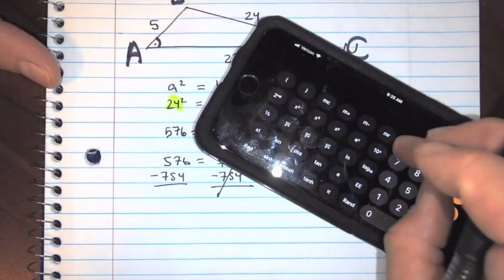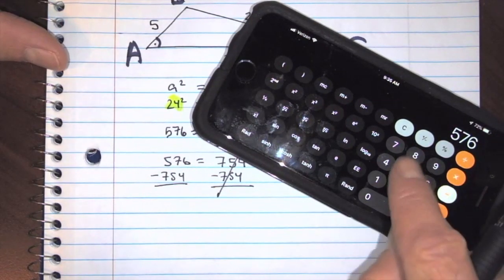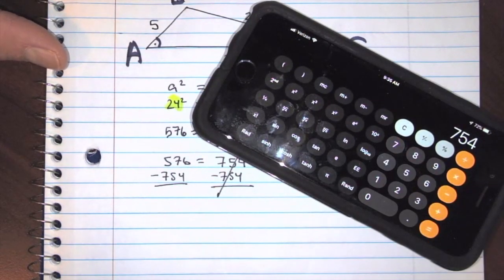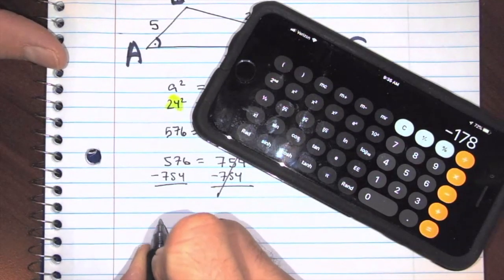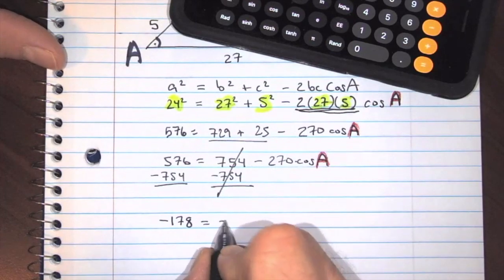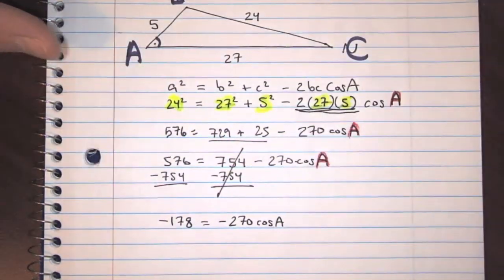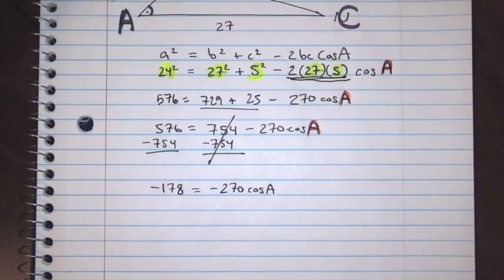So I need to do 576 minus the 754, and I'm getting a negative 178. No big deal. Relax. What comes down? It's still a negative 270 cosine big A. Still need to solve for big A.